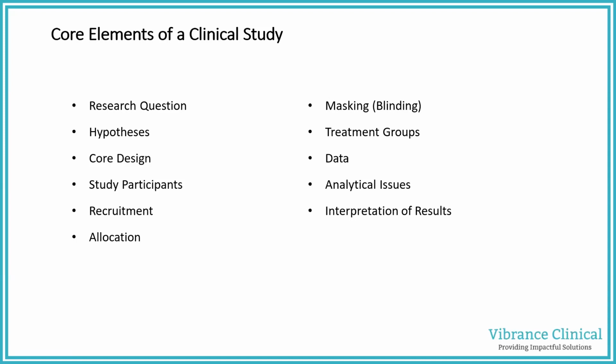How is recruitment going to happen? If I'm doing a study in sepsis, for example, where am I going to get these patients? How is the recruitment going to affect things? How quickly I will get them defines how long your study is going to be and what cost that study is going to take. All of these are very, very important.